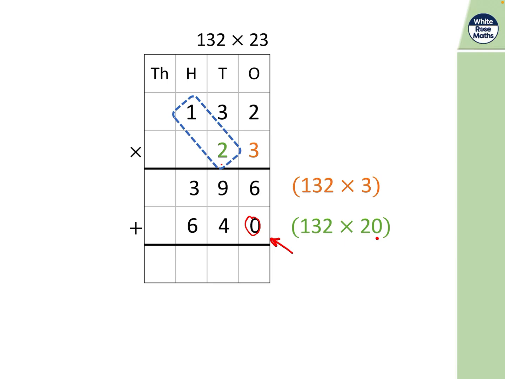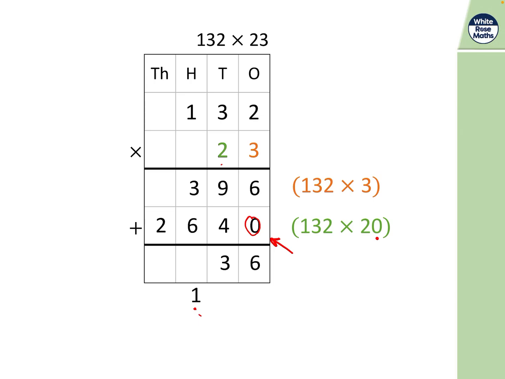Now, once we've got to this stage, I'm sure everybody will be confident with adding them up. So 6 add nothing is, of course, 6. 9 add 4 is, of course, 13.